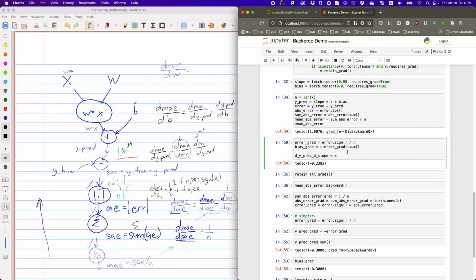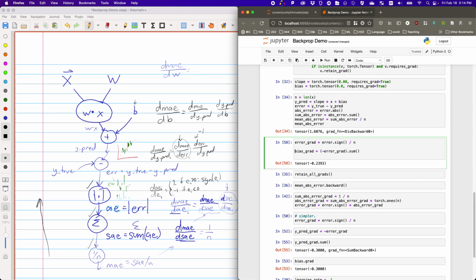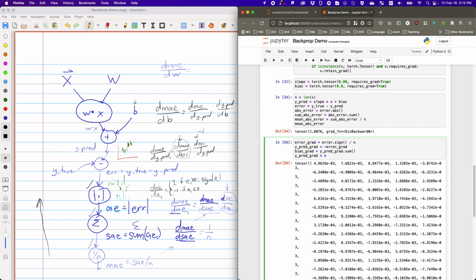So we'll see that if we take our, so I did need the ypred grad after all, because I prematurely optimized this ypred grad. So there's our error grad. If we take this ypred grad and multiply it by our x's, that gives us a bunch of numbers.